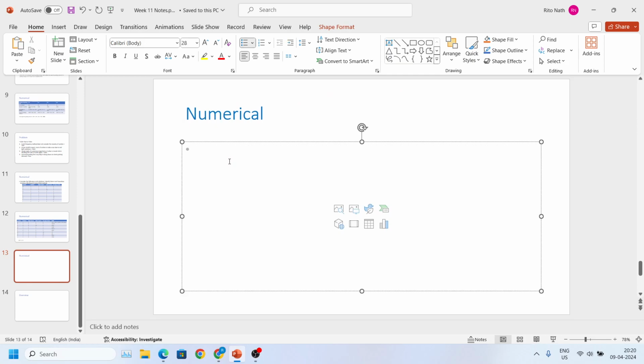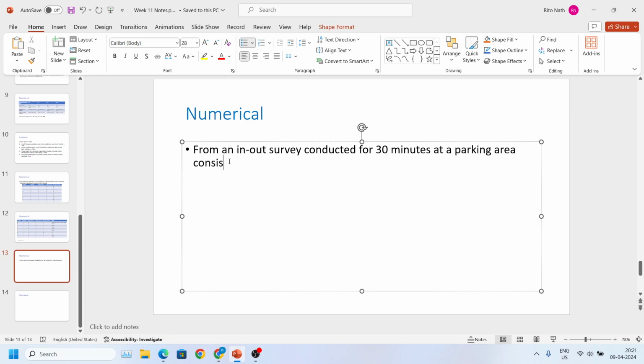This one is from an in-out survey conducted for 30 minutes at a parking area consisting of 80 bays.